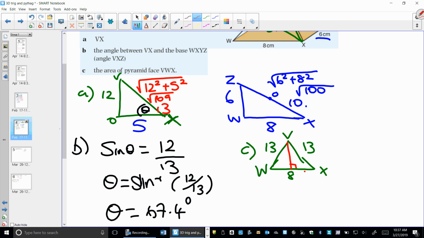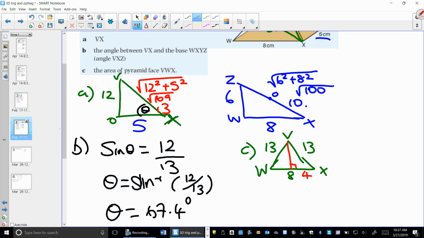So this would obviously be 4. If we found this perpendicular height, we could do base times height divided by 2, and then multiply that answer by 2 because there's 2 of them. Or actually, we could use the whole base times height divided by 2.